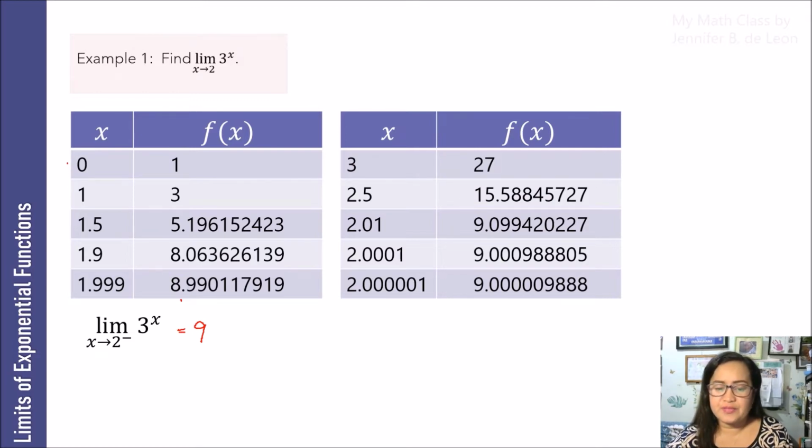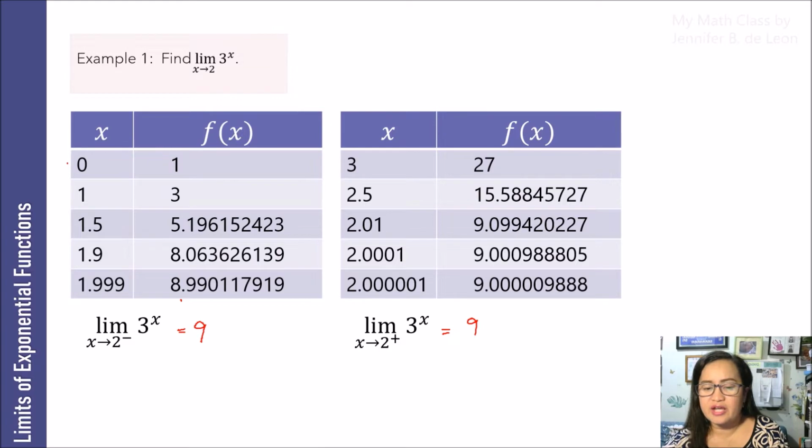As you can see, as the value of x approaches 2, f of x approaches 9. So the limit of 3 raised to x as x approaches 2 from the right is 9. Since these two limits are equal, we can conclude that the limit of 3 raised to x as x approaches 2 is 9.